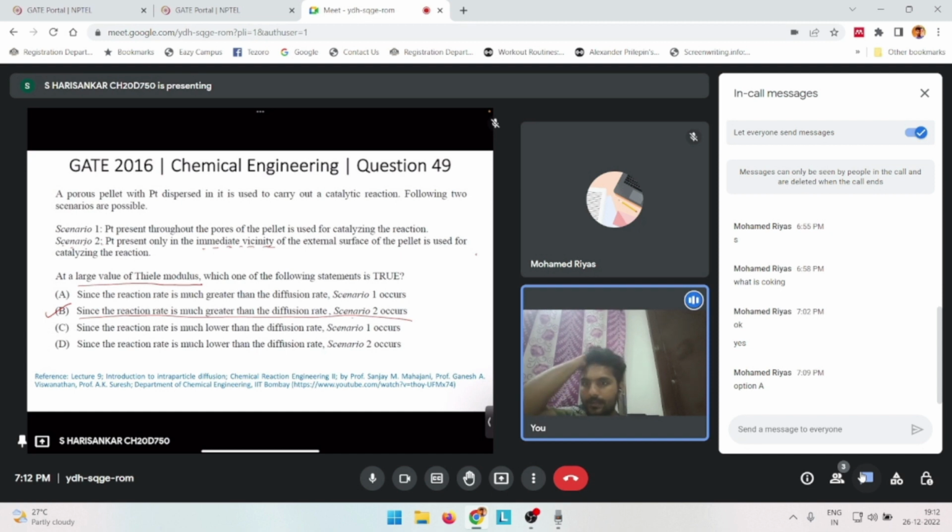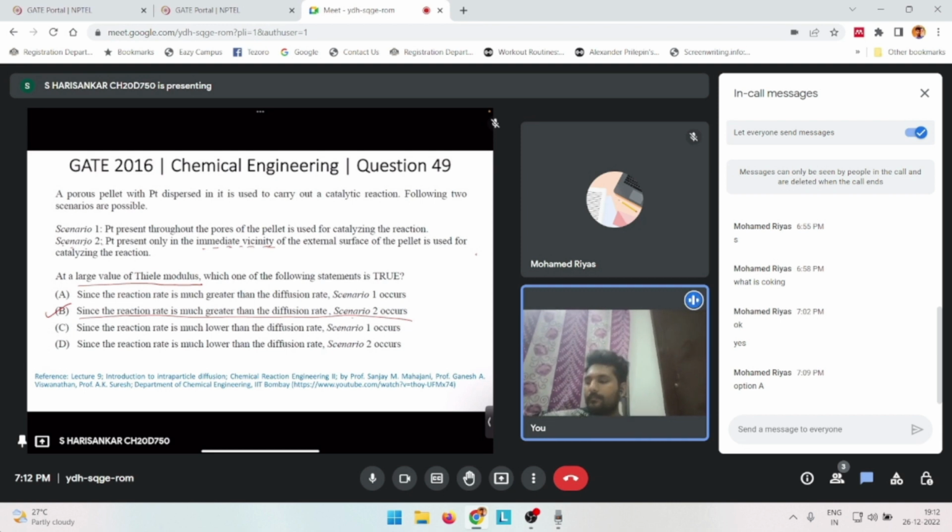So Riaz, you are partially right. The reaction rate is much greater than diffusion, and that is also in option A. But the problem is, what is the fate of the platinum? Will the platinum be found through the pores of the pellet, or only on the external surface of the pellet?